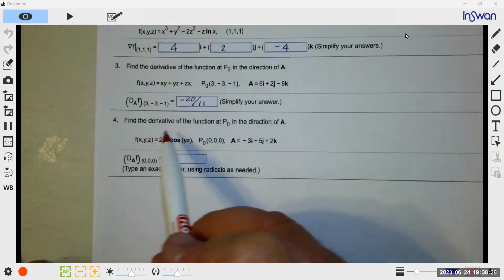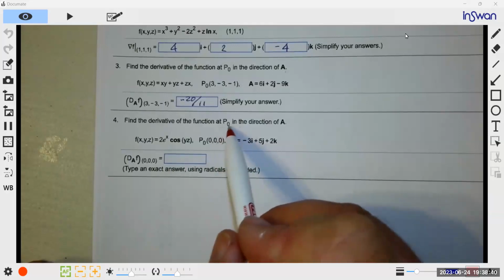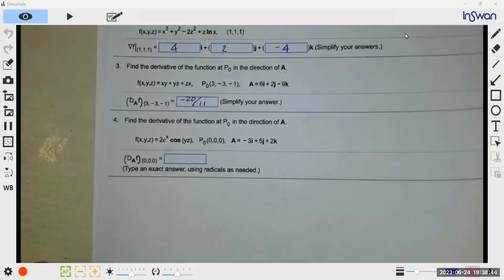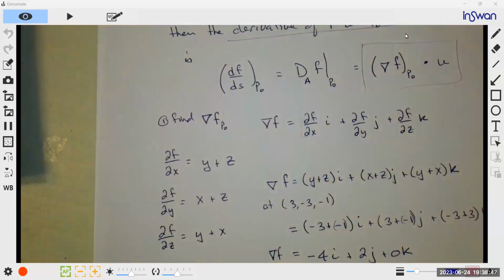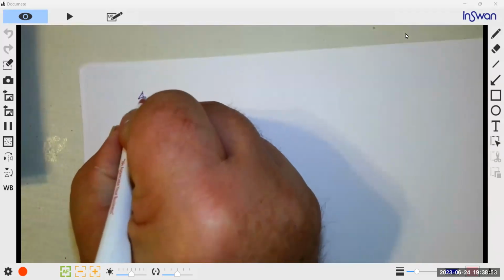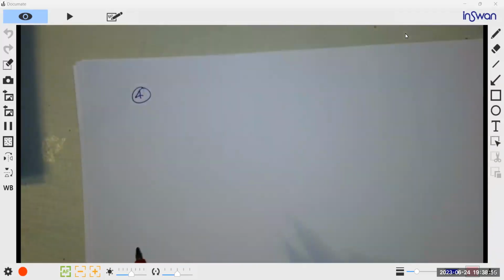Question 4. Find the derivative of the function at P0 in the direction of A. So it's the same thing, but now we have the trig functions. Okay, let's see what we have here.